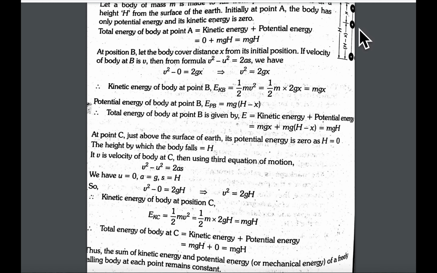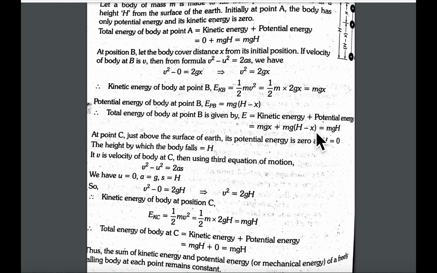So we will calculate the total energy of the body at point B. So E is equal to kinetic energy plus potential energy. Kinetic energy we have calculated as mgx, and potential energy is mg(h minus x), which when we simplify is mgx, and when we open this bracket it will come mgh minus mgx.